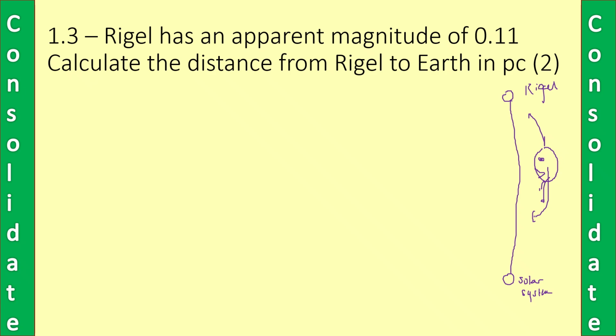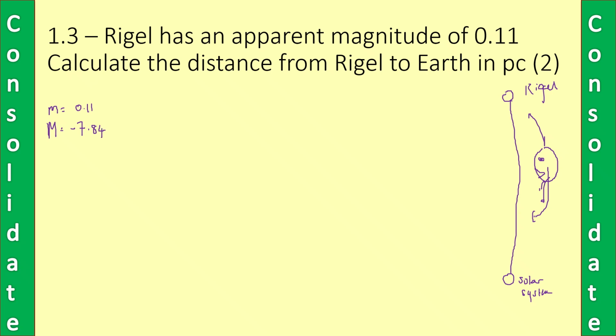So we've got the apparent magnitude is 0.11. And from the table that we had previously, we have that the absolute magnitude, so our capital M, is minus 7.84.